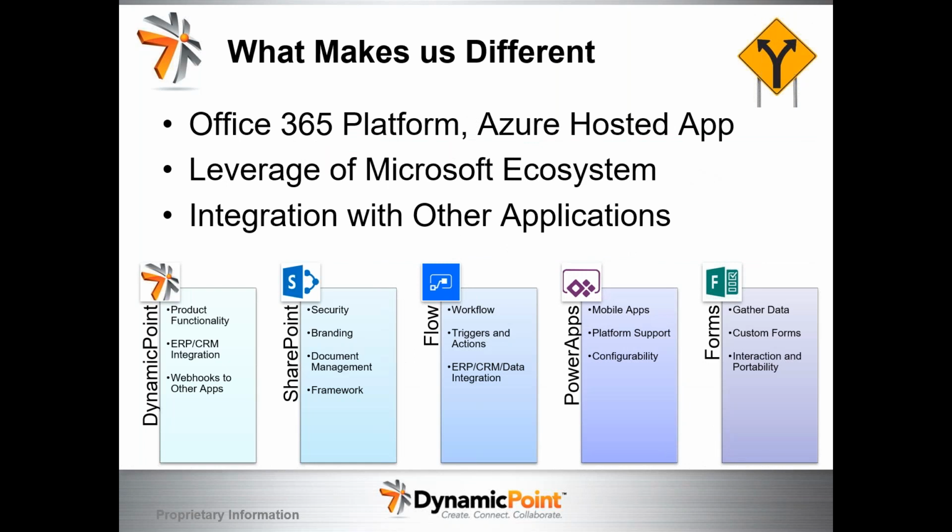What makes us different, and what is our product approach? The easiest way for me to explain this is the analogy that if you think of an app that resides on your mobile phone, our products are very much apps within the Office 365 ecosystem. An app on your phone leverages all of the functionality that the phone provides.